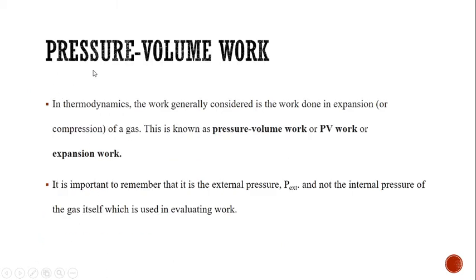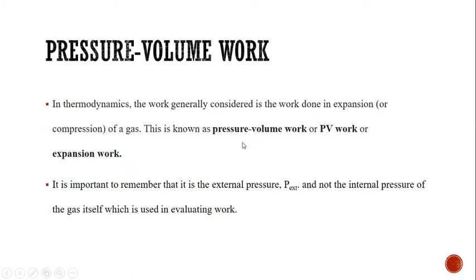First of all, we need to discuss what is pressure volume work. Pressure volume work in thermodynamics is very important as we consider the gas expansion or compression, as the pressure is the force per unit area on the piston. That is basically this pressure is an external pressure that is applied externally on the piston to compress a given volume of a gas.